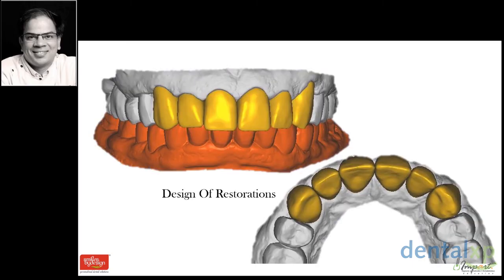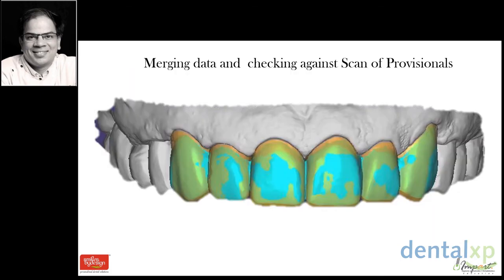Once I approve these images, he has also given me data where he has merged the provisionals and the final wax-ups, and they are almost the same. I don't want any length changes, because if I change the length, that can change aesthetics as well as speech, and I don't want to have that discussion with the patient from this point onwards. So we follow what we have approved.